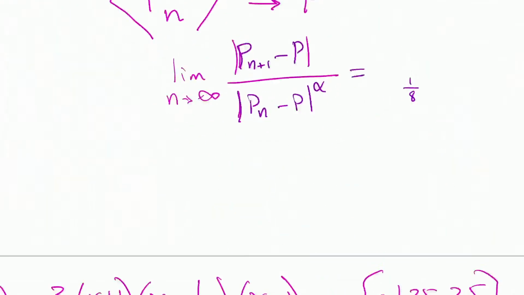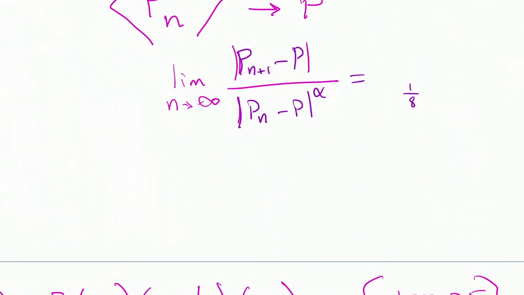If we just take one of the examples, the 1/16th over 1/8 to the alpha, and I want this to be a constant, this 1/16th is always going to be 1/2 of this. And so 1/2 of this divided by this is 1/2, right? So if alpha equals 1, then that will give me a limit equal to 1/2.